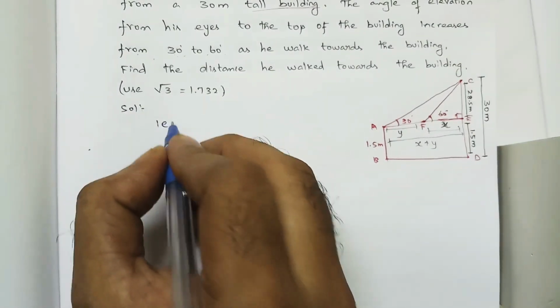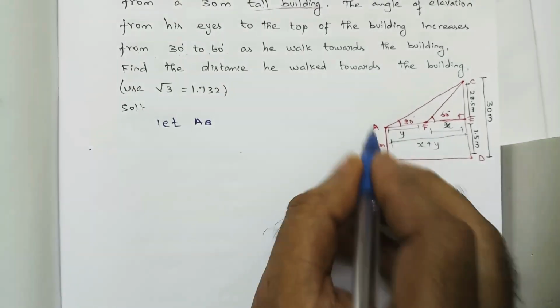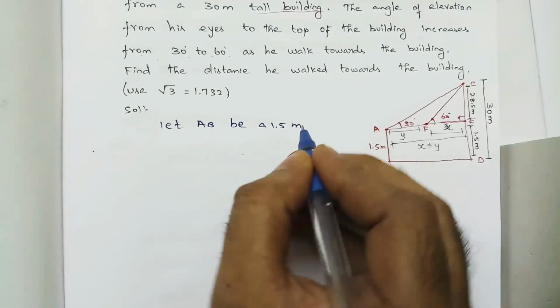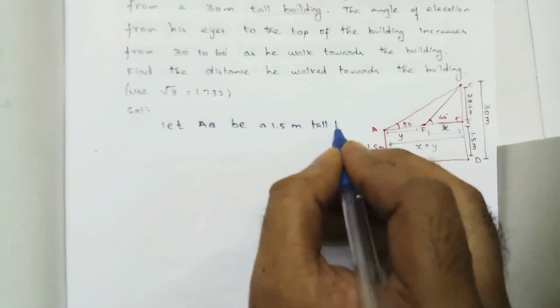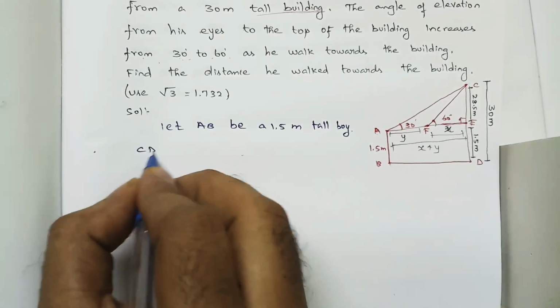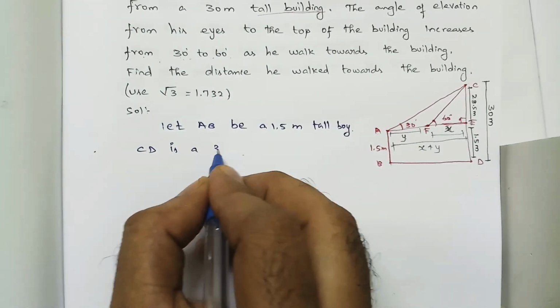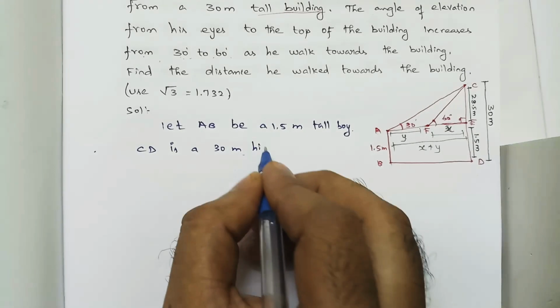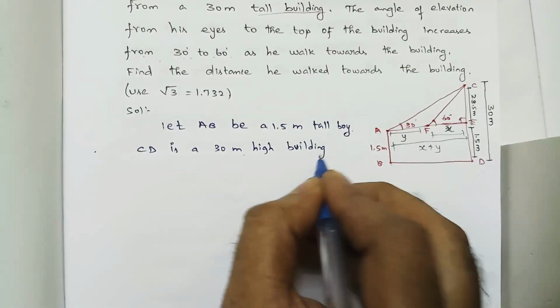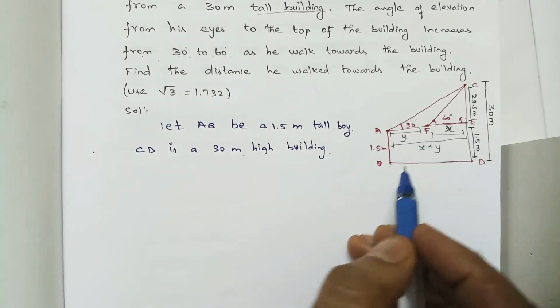Let AB be a, what is it? 1.5 meter tall boy, right? 1.5 meter tall boy. And CD is nothing but, what is that? CD is a 30-meter high building, right? And what are the things we have assumed, likewise we have to write it.